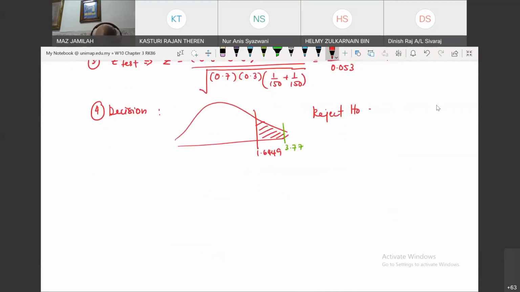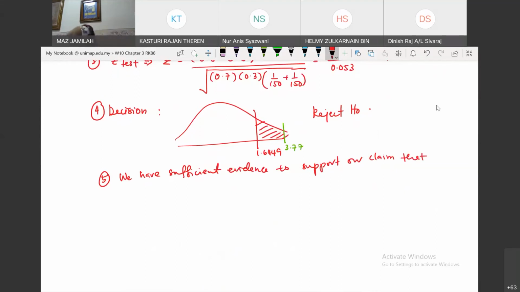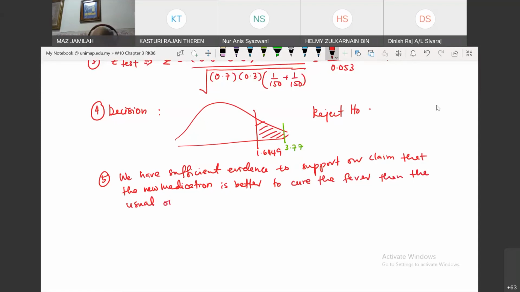Therefore, number 5, conclusion: we have sufficient evidence to support our claim that the new medication is better to cure the fever than the usual ones at 5% significance level.